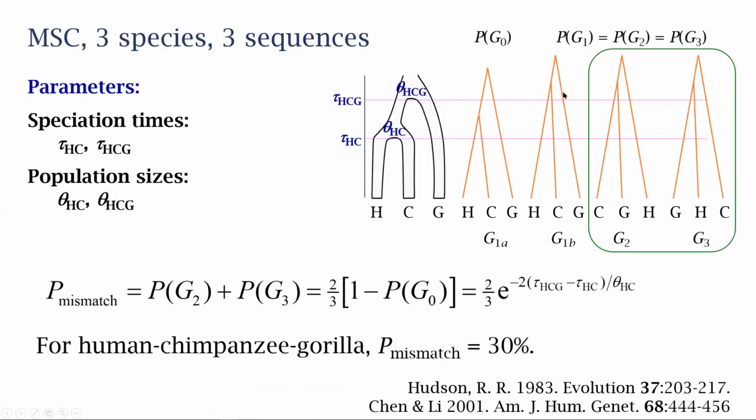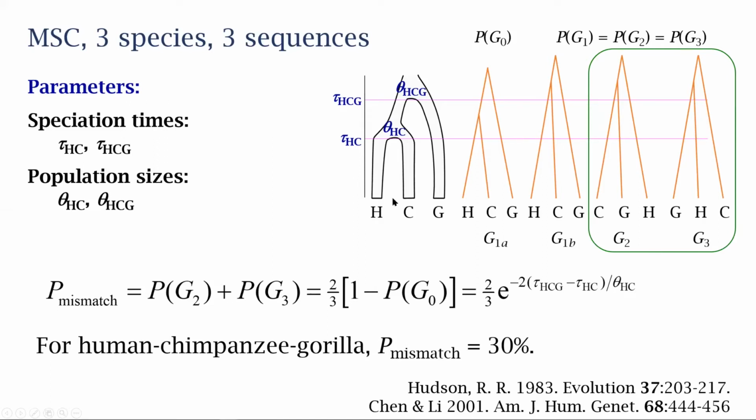So here, this is the three species case, three sequences. This is actually in the paper by Hudson in 1983. It's a fairly simple argument. So this is the true species tree, and the example here uses human, chimp, gorilla. In the earlier days, I think before 2000, human, chimp, gorilla was used a lot in these kinds of discussions.